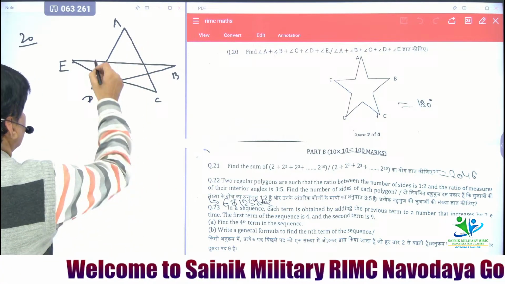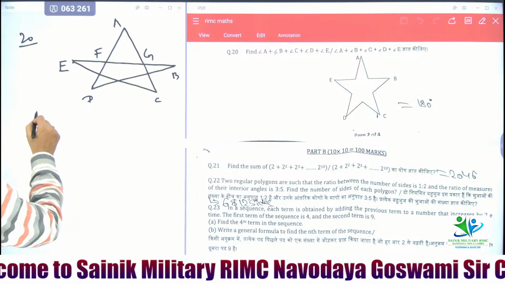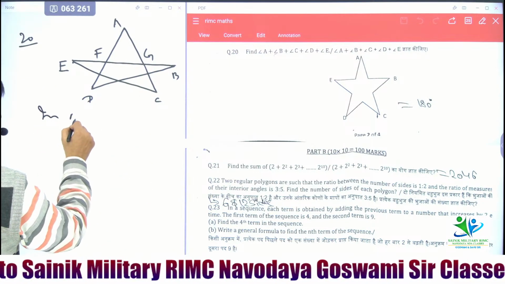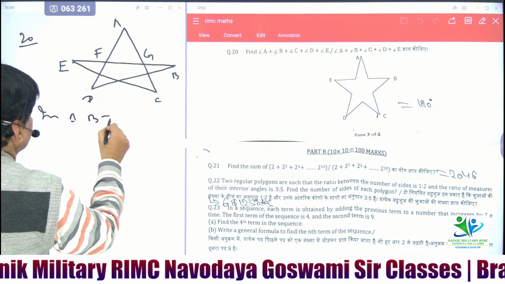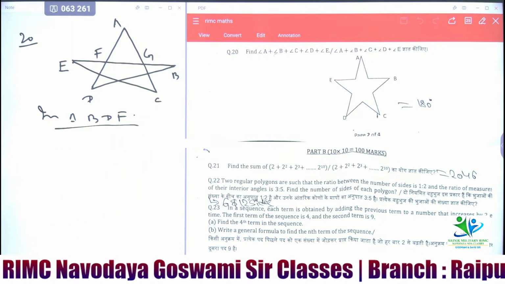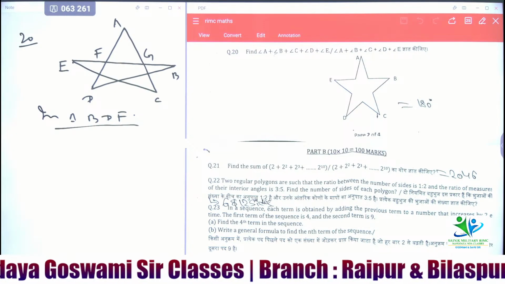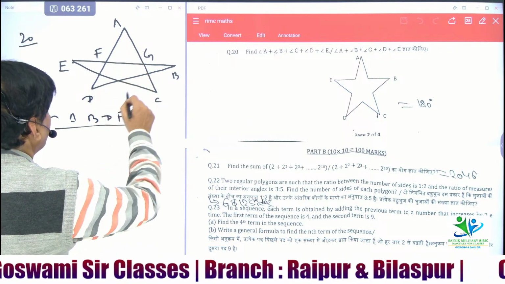Now take this point as F and this point as G. Now in triangle BDF, you know that in a triangle, the exterior angle is equal to the sum of the two interior opposite angles.